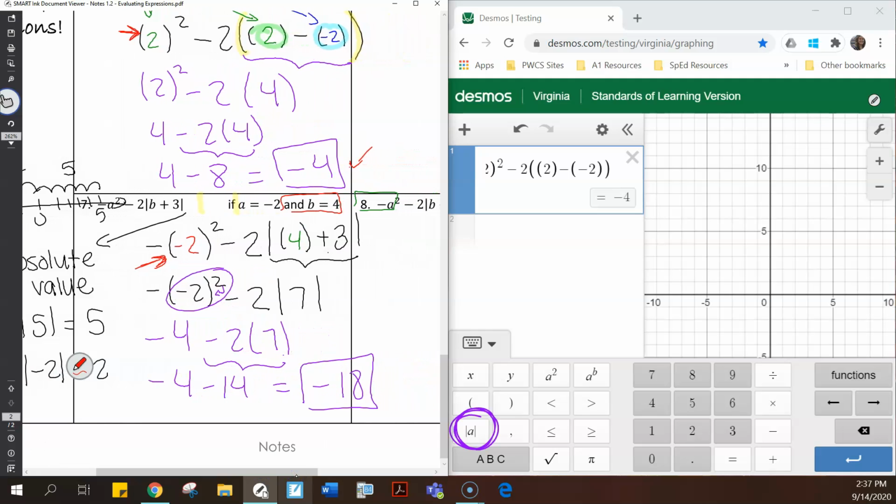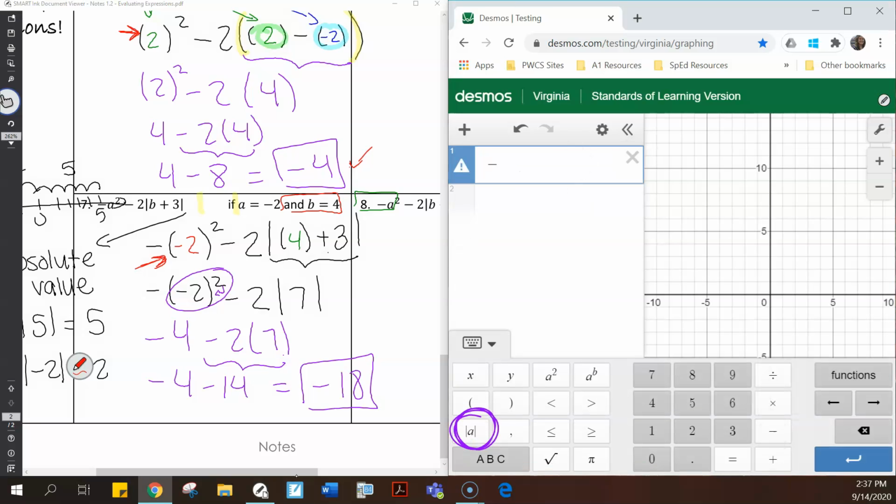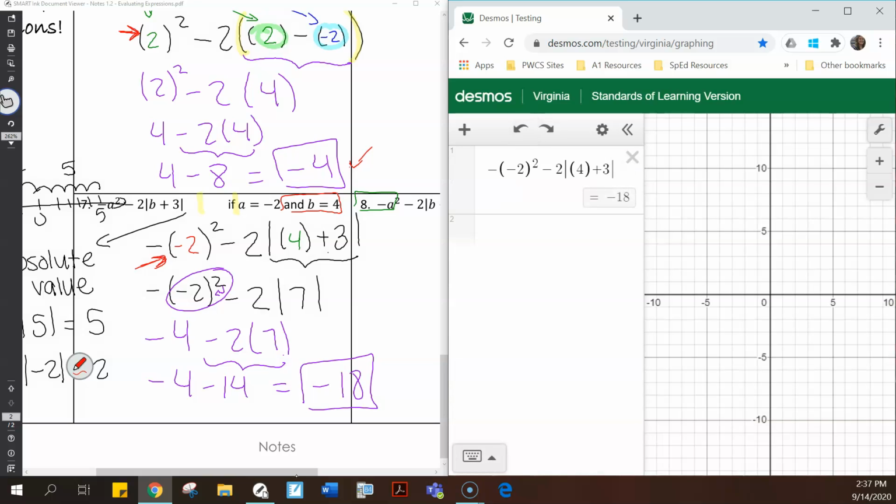Right, so I've got negative, parentheses -2 squared, minus 2, absolute value, parentheses 4, close them, plus 3, and I get -18.